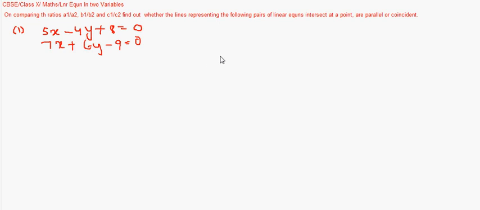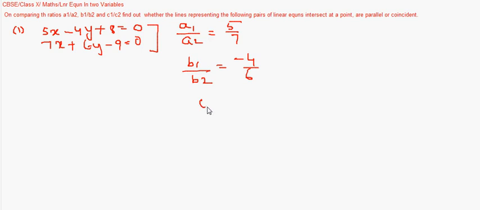We have to compare the ratios for the first one. a1 by a2 will be 5 by 7, then b1 by b2 will be minus 4 by 6, and c1 by c2 is 8 by minus 9.